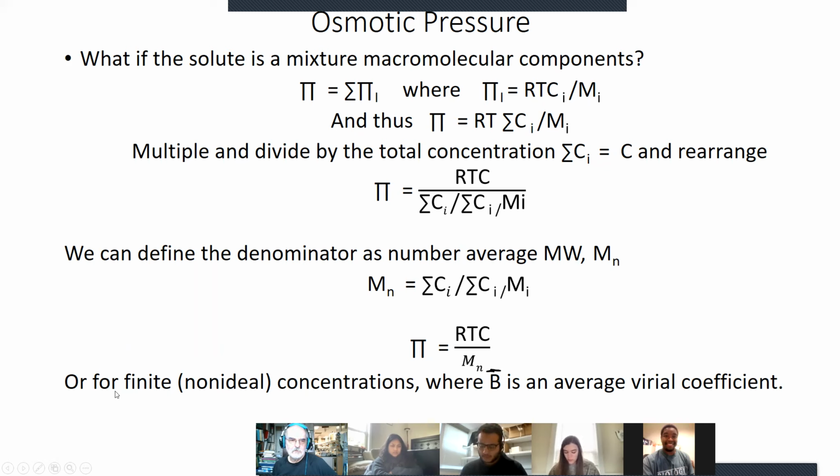And then in the real expression where you have a virial coefficient, I couldn't find a B with a bar on it, so I drew it in. You have an average virial coefficient that reflects the average from multiple species, and we're not discussing how one calculates that average. We'll just call it an average virial coefficient. So it becomes RTC over M sub n. That should be subscripted. It's a funny font as well, plus this virial coefficient term.